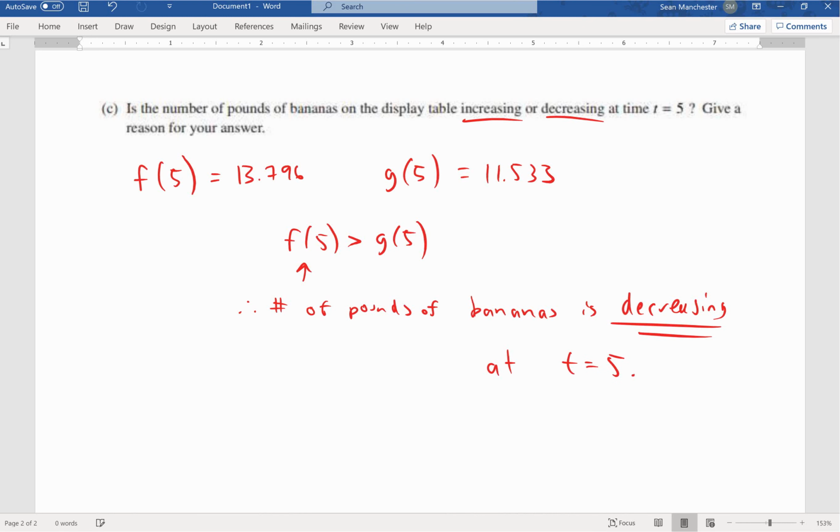Because again, the rate that we're taking bananas off is greater than the rate that we're adding bananas on. So more bananas are leaving than are going on, so the total number of bananas is decreasing. Okay, so you're going to get a point here for thinking about these two, and then a point here for correctly coming to the conclusion that they're decreasing the amount of bananas on the shelf.